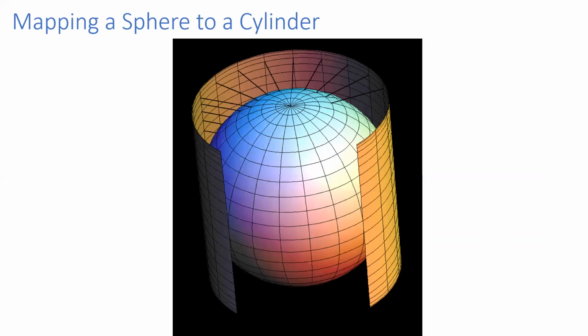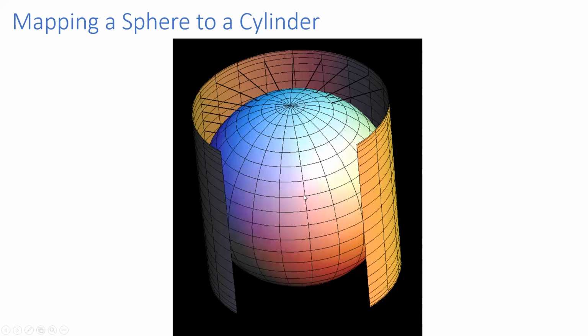How is it done? This is called mapping. This is a mathematical technique where you take a sphere and open it up. You simply cut from top to bottom, and then all the lines should go and map onto a cylinder.